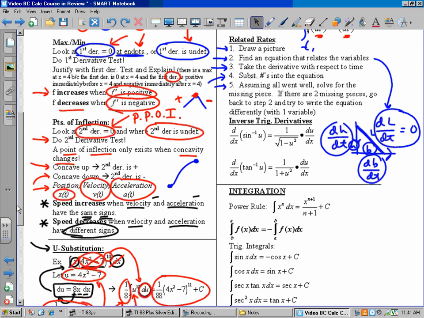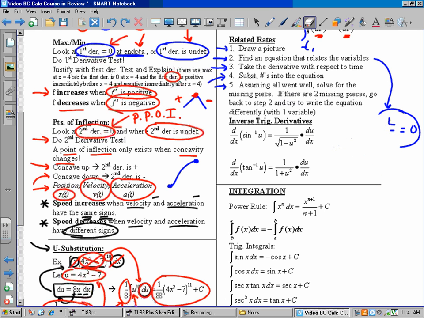The derivative of inverse trig functions, you need to know 2 of them. You need to know the derivative of the inverse sine, which is 1 over the square root of 1 minus x squared. And you need to know the derivative of inverse tan, which is 1 over 1 plus x squared.